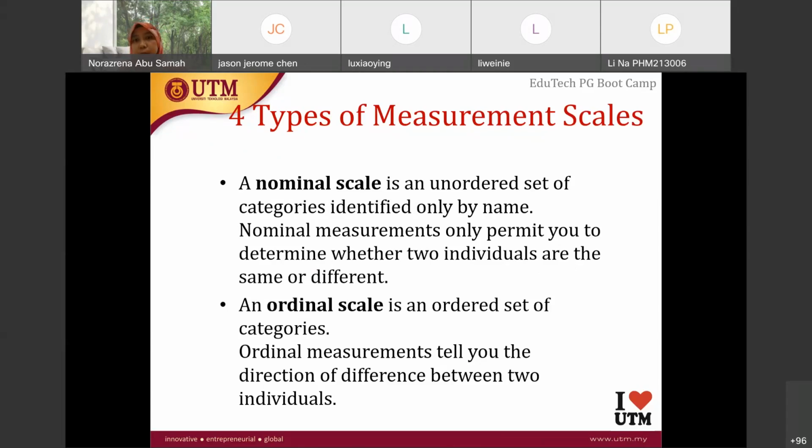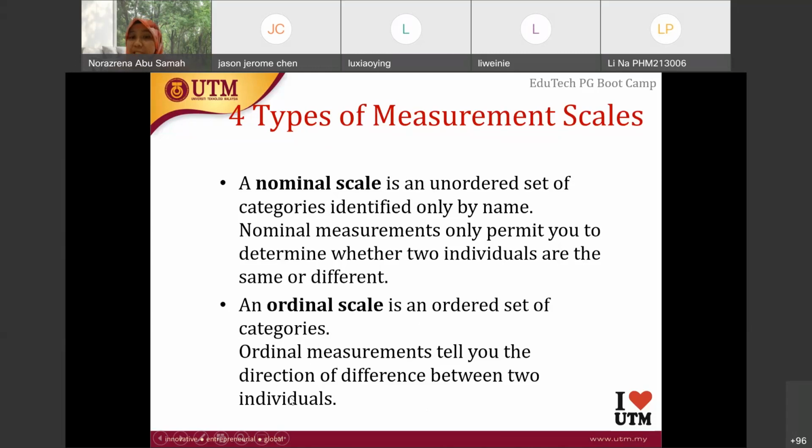When you do the statistical analysis, you must also understand the measurement scale of your variable. First look at whether it is discrete or continuous. If it is discrete, find out whether it is nominal or ordinal. An ordinal scale is an ordered set of categories. Ordinal measurements tell you the direction of difference between two individuals.